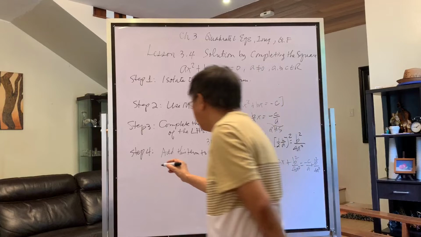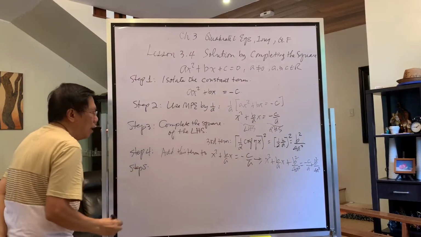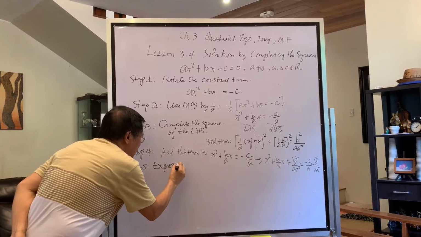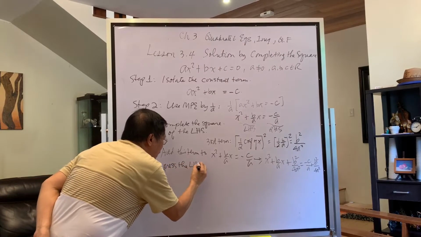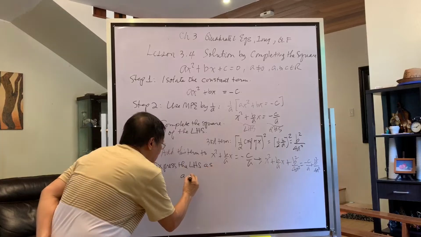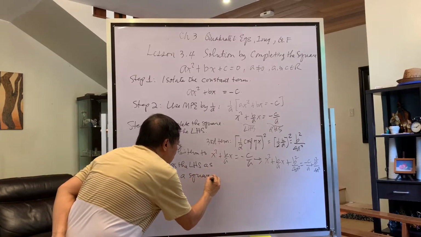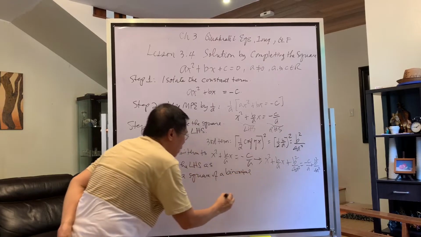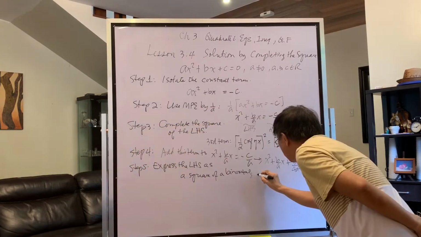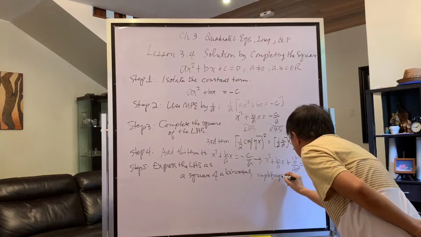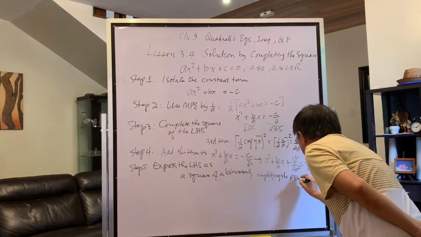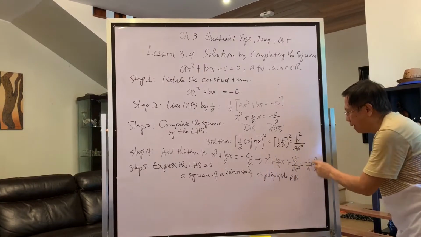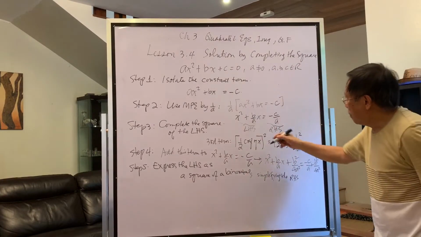And step 5 allows us to express the left hand side as a square of a binomial, at the same time simplifying the right hand side. Let me go back to this.